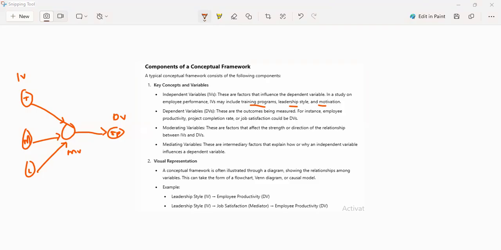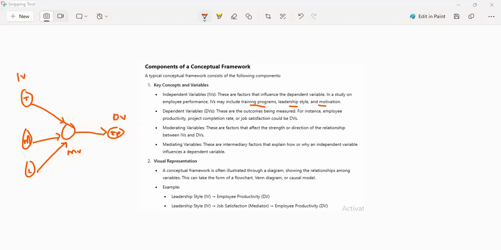So it will give you a visual representation. Conceptual framework is illustrated through a diagram showing relationships. So you can see our independent variable, leadership style. Our dependent variable is what? Employee productivity. But we also have a mediator in between there, which we can call satisfaction.